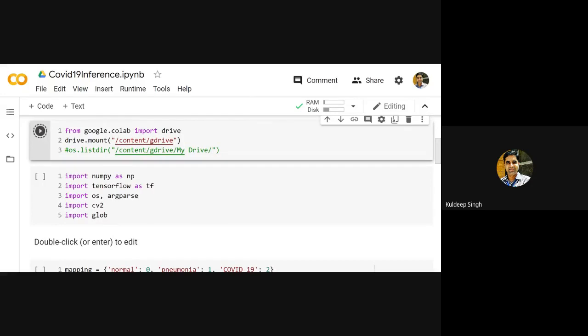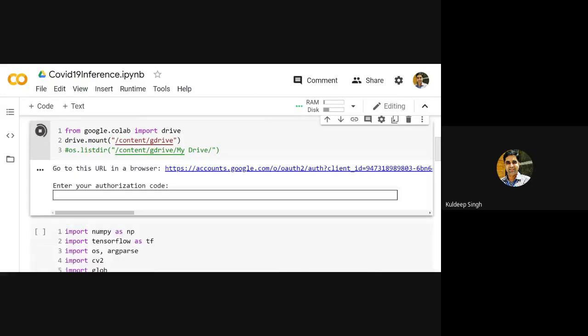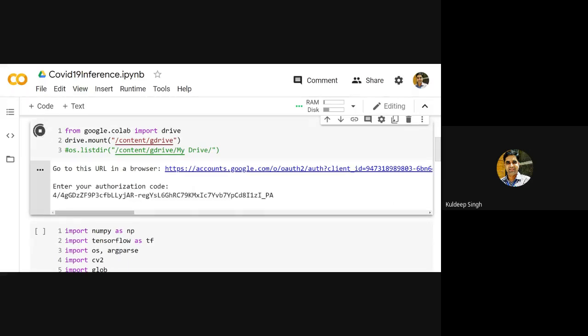Why do we need to mount the drive? Our Google Drive can be mounted here and the data can be saved to our drive, and that data can be accessed here. So I am putting the authorization code here, and it will connect it.